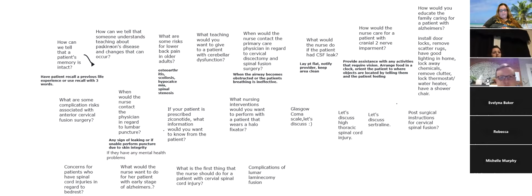Caring for a patient with Parkinson's disease, what would you teach the CAs on the unit about the patient with Parkinson's disease in regards to activities?